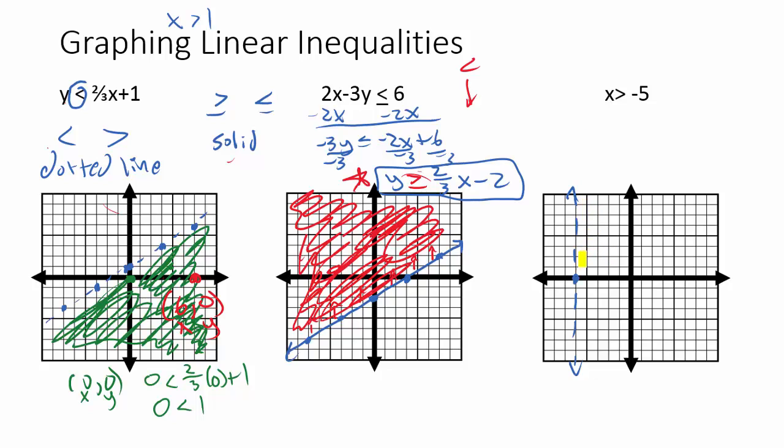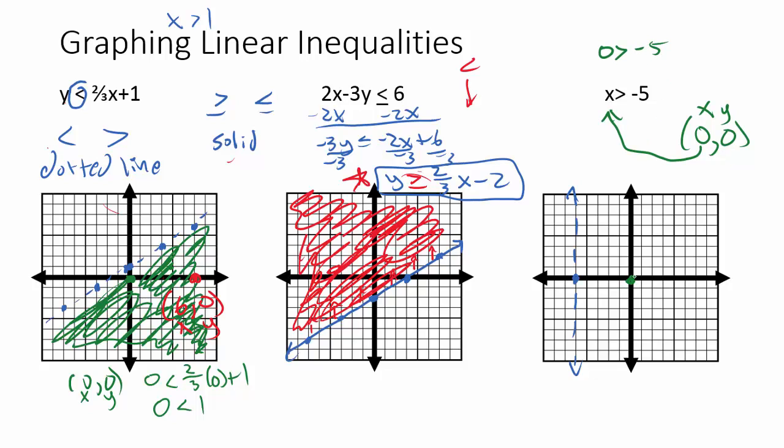Okay. And finally, I'm actually going to shade this with highlighter here, I think, just to make it a little better. What I'm going to do is decide which side to shade on. So again, since I don't really have an option here for shading above or below because it's a vertical line, again, I could try the point 0, 0. Now you might be a little confused here thinking, well, how can I plug 0, 0 into this equation? We don't really have anywhere to plug a y, but I do have an x that I can plug in here. So I'll plug in 0 is greater than -5.